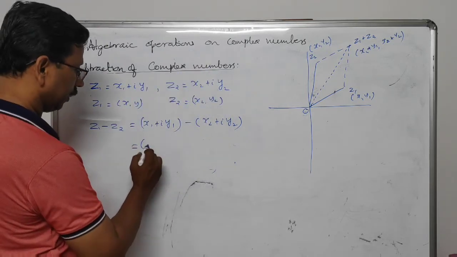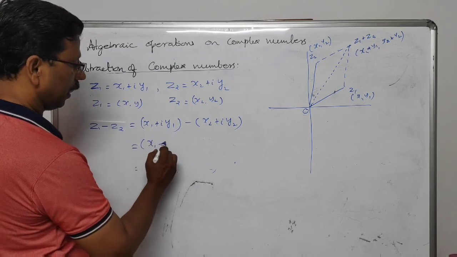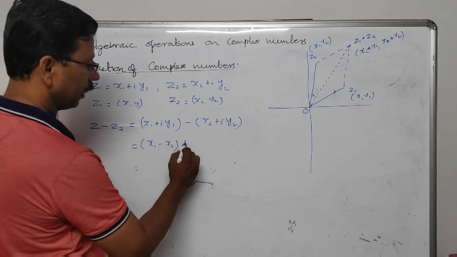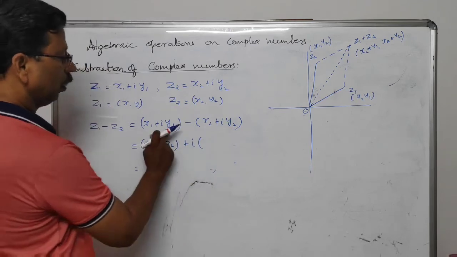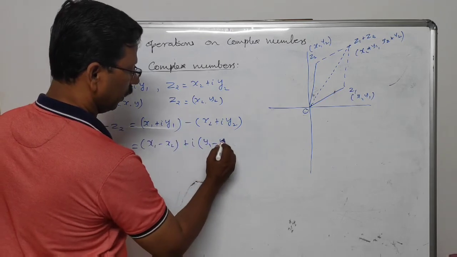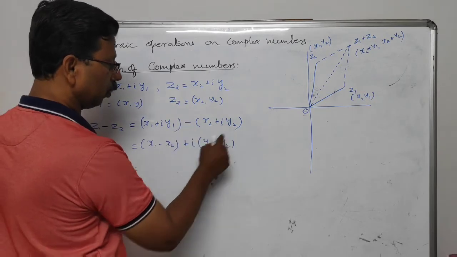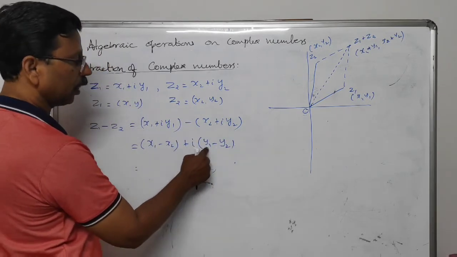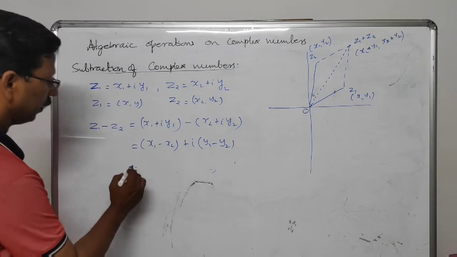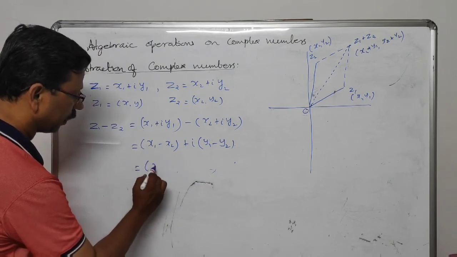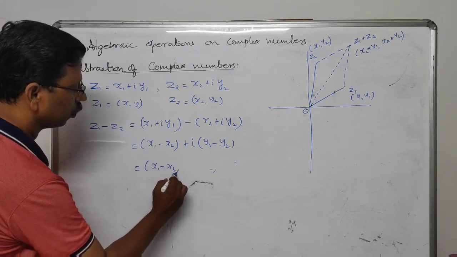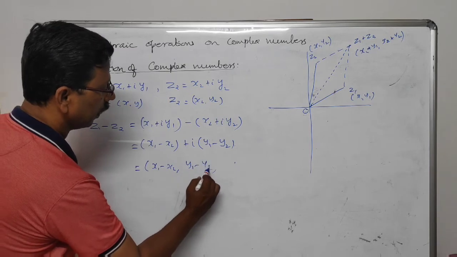That is, you can write x1 minus x2, plus i into y1 minus y2. This is iy1 minus iy2, taking i common, we get y1 minus y2. Now as a coordinate, you can write x1 minus x2 comma y1 minus y2.